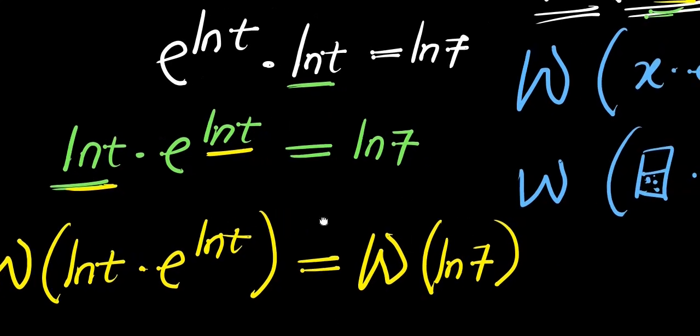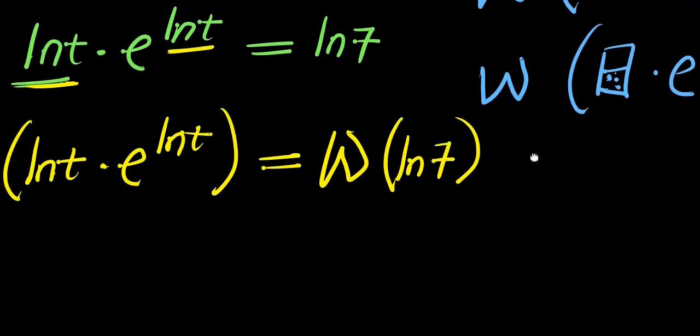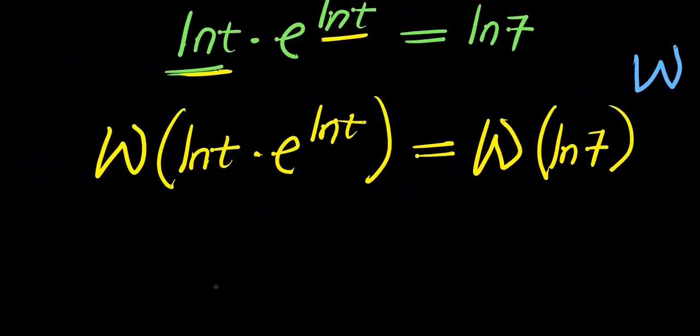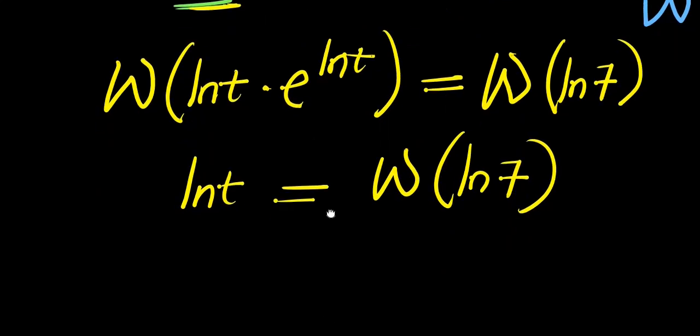Based on this trick, if you apply the Lambert W function of x times e power of x, you get x. That means the Lambert W function of ln of t times e power ln of t gives you ln of t, and this equals the Lambert W function of ln of 7. So we proceed again.